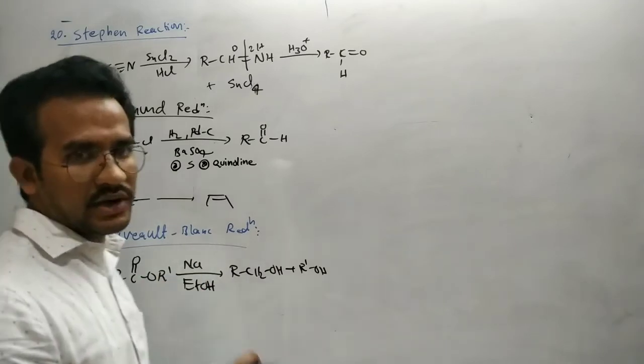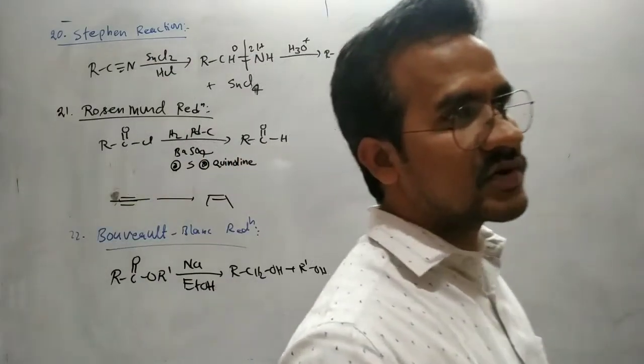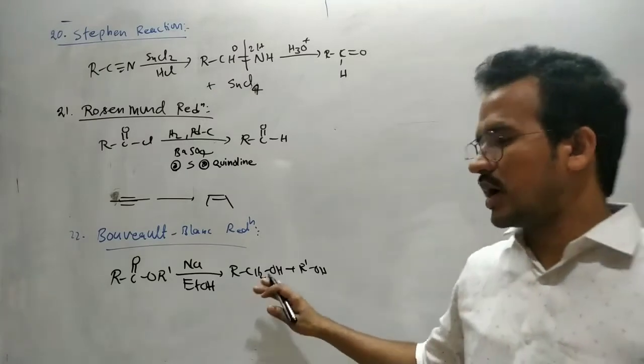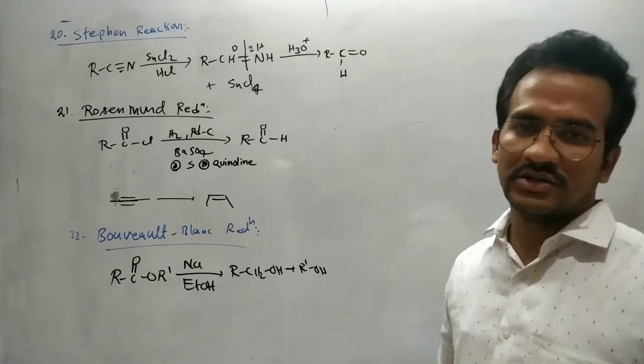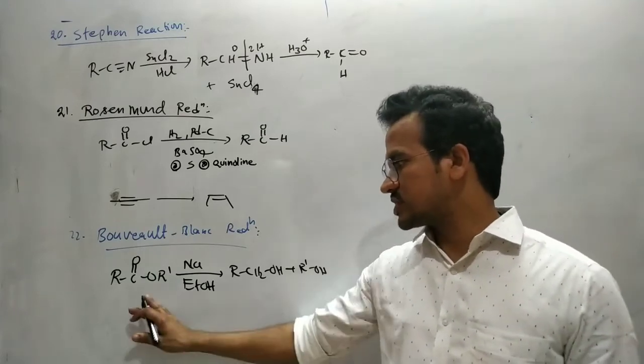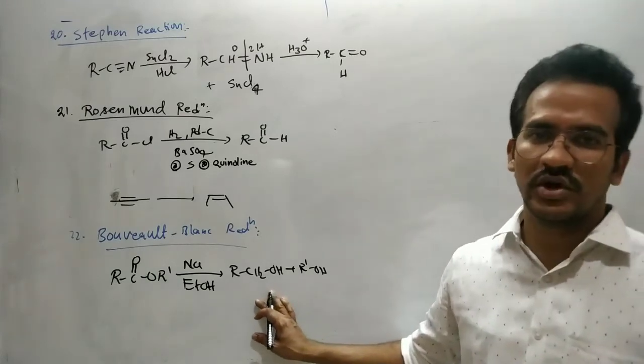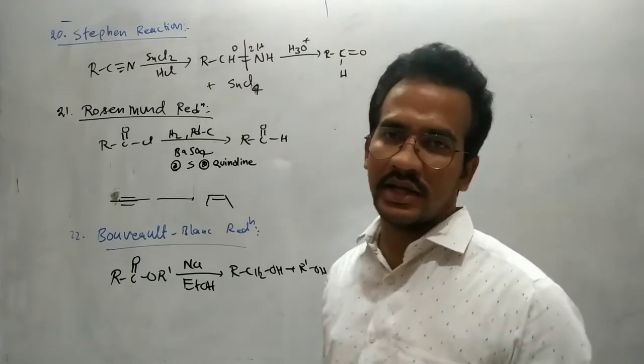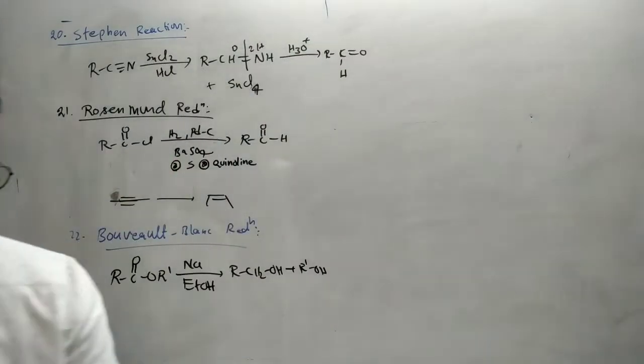The Bouveault-Blanc reduction is a conversion of esters into alcohols. Generally, reduction with lithium aluminum hydride also converts esters into alcohols, but here it is done by reacting with sodium and ethyl alcohol. It is the Bouveault-Blanc reduction.